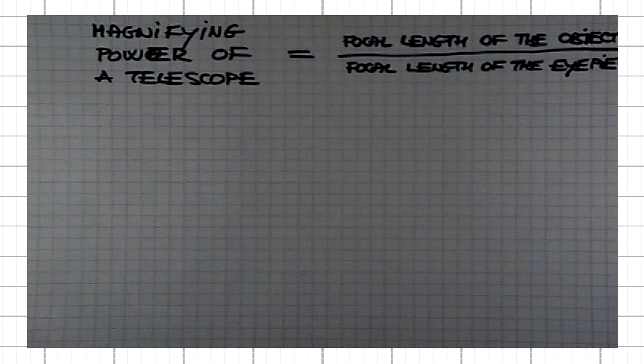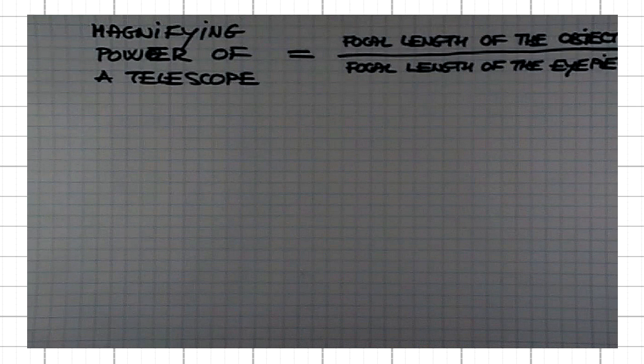And it turns out that the magnifying power of a telescope is given as the ratio of the focal length of the objective over the focal length of the eyepiece. And you can increase it by going to eyepiece lenses of smaller and smaller focal length.